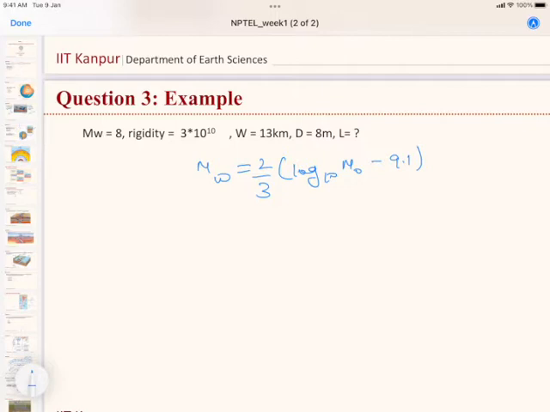Now what we were given is that the moment magnitude is 8. So here I have added some extra information to calculate precisely what this rupture length would be. Okay. We have Mw 8, so I am just putting in the values that we have.